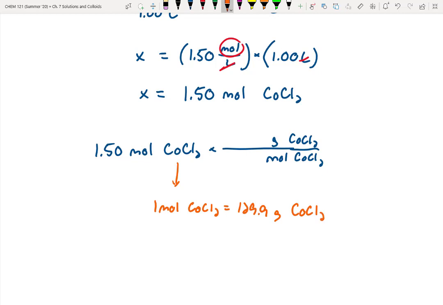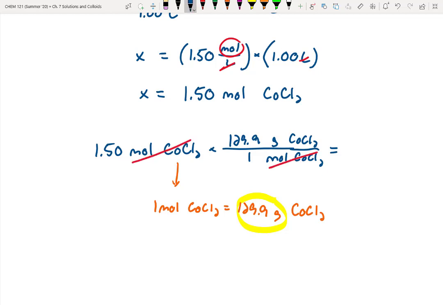All right, so when we go to plug this in, we could say, well, 129.9 should be with the grams unit, and 1 should be with the mole unit. We can cancel out our moles, and we could be left with our units in grams. There we go. So let's type this in.